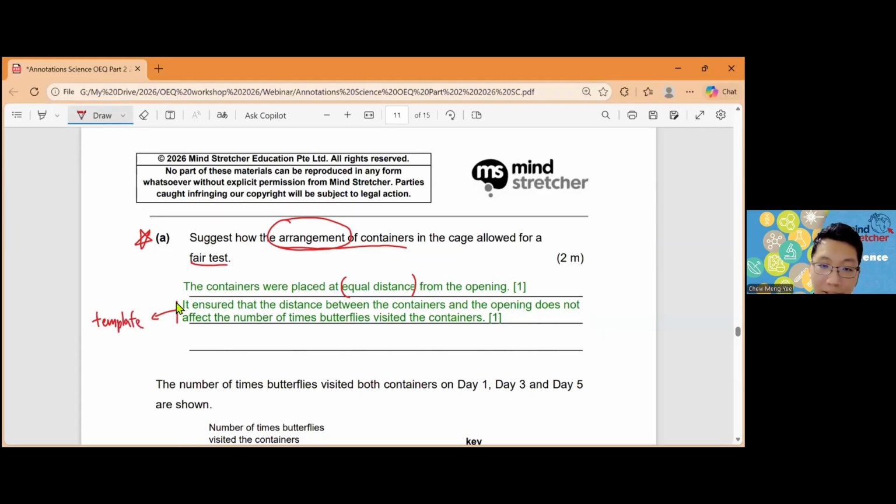But you must identify correctly. The distance between the containers and the opening, that is the constant variable that we've identified. Does not affect the number of times, this is the measured variable.